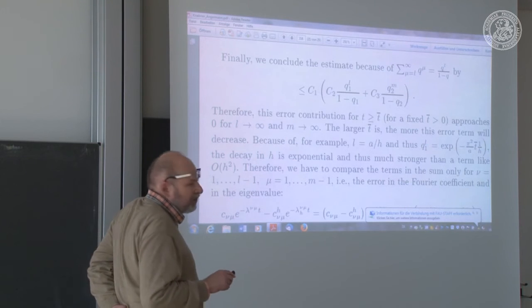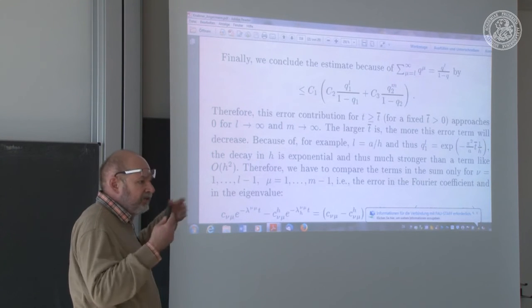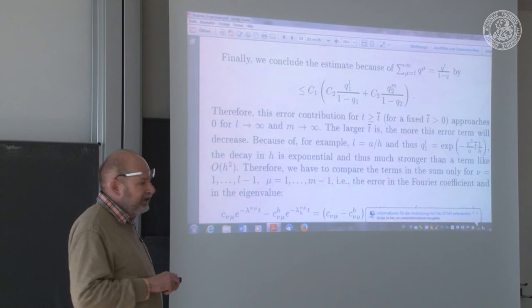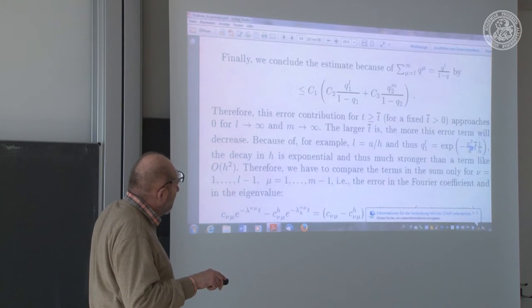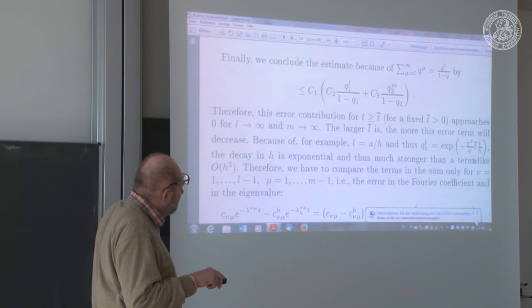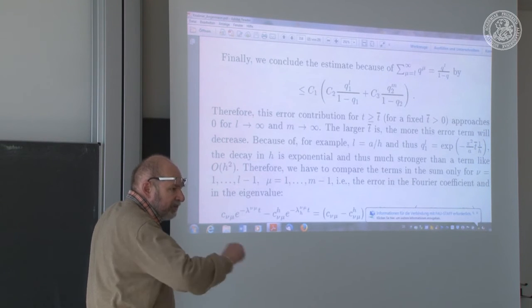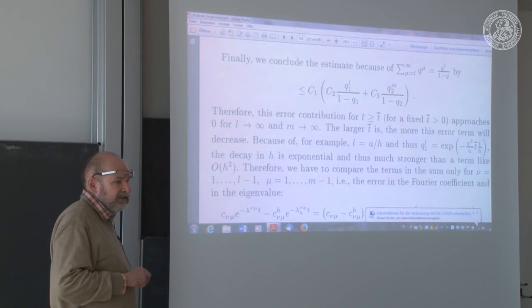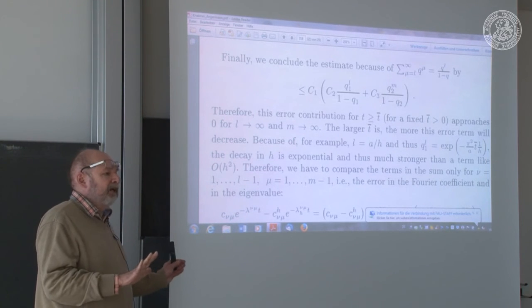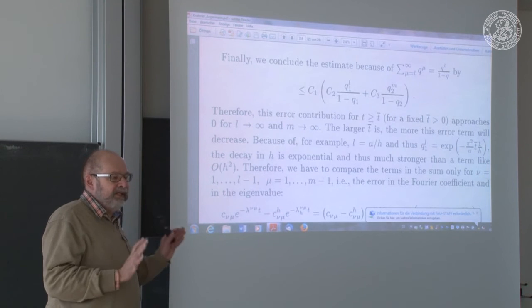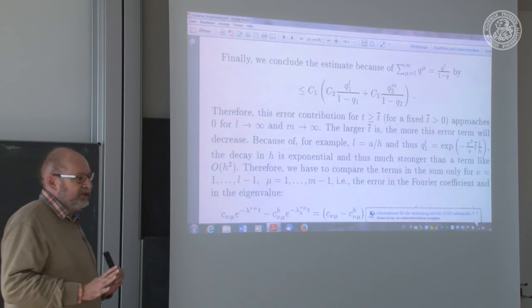So I have a much stronger decay than h squared, h cubed, h to the 4, or whatsoever. I have even an exponential decay in h. I have e to the minus 1 over h to some power here. So if h goes to 0, this goes to minus infinity, and the exponential corresponding to 0, but much stronger than any power. So if I accept this fact that I have to stay away from 0, I can neglect this part. This will not harm me in any polynomial order of convergence estimate.